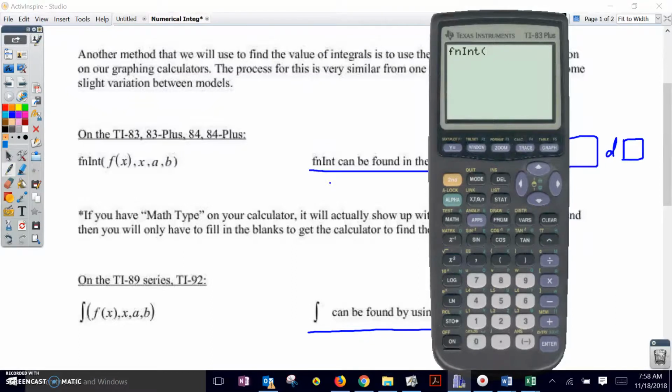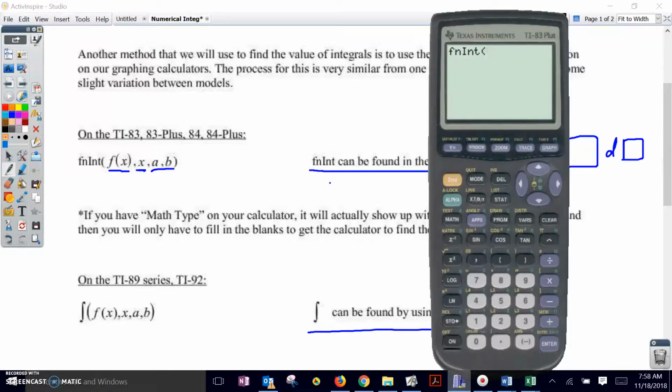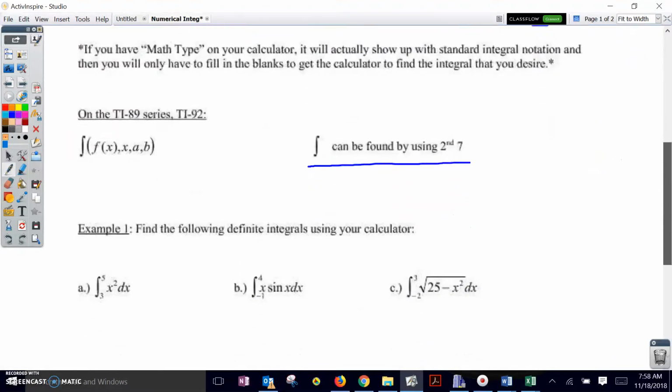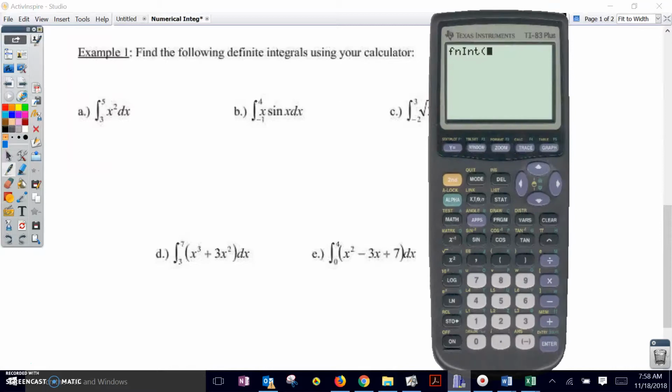But there are four things that we need to fill in here. We need to fill in our function, we need to fill in the variable of integration, and then the limits of integration. So let's go ahead and do a few of these just to make sure that we are all getting what we need to here.